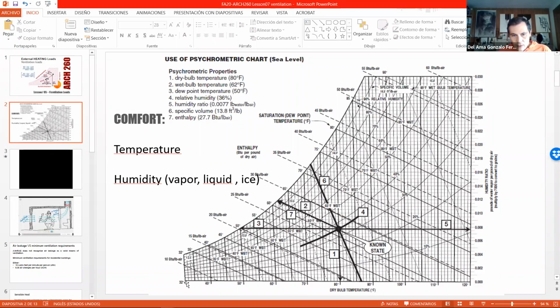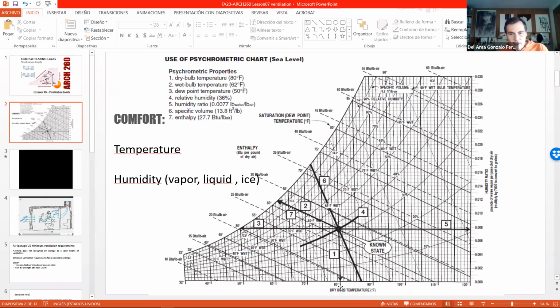Okay? So these lines or this scale we have here is the dry bulb temperature in Fahrenheit, and we have dry bulb and wet bulb temperature. We will explain all these concepts again, but dry bulb temperature is the temperature that we measure with a thermometer. Okay, so it's the temperature of the air when it is not saturated with moisture. So we can have a certain amount of moisture in the air, and if this amount of moisture is not 100%, this is the dry bulb temperature.